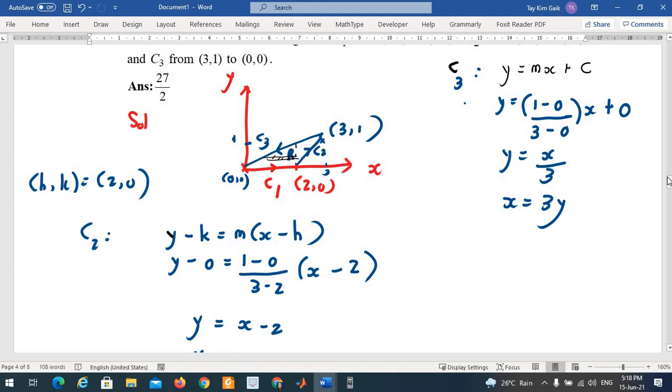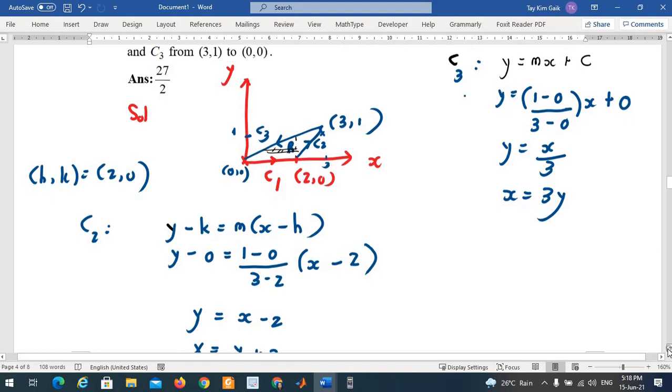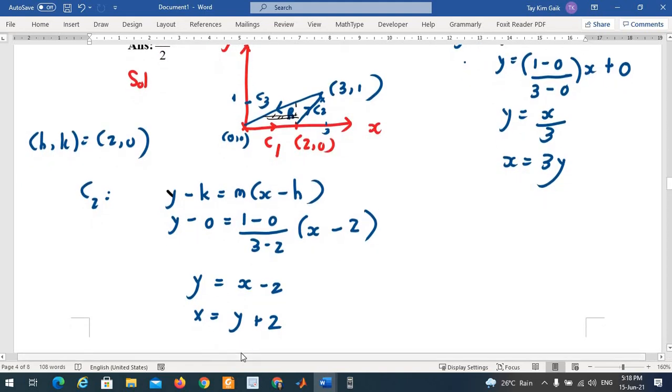So the left curve is actually C3, which is x equals 3y. The left curve will be the lower limit, the right curve will be the upper limit. So the lower limit is from 3y up to the upper limit x equals y plus 2.